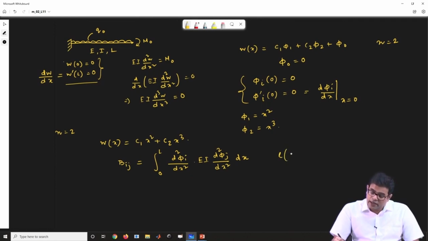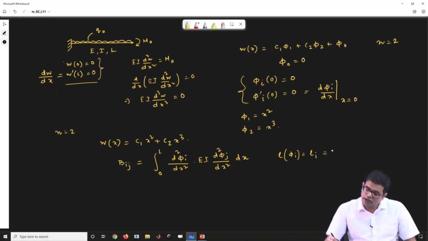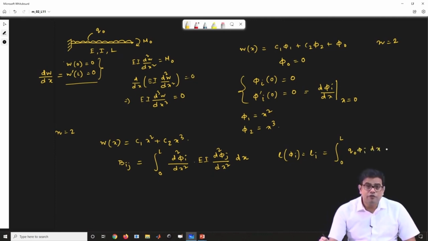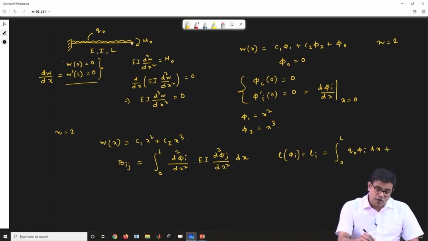And what is my linear form? So this is L of phi I. So that is L of I. Let me write it in this way. So that is equal to integral 0 to L Q0 into phi I dx, and then we'll have the boundary term.